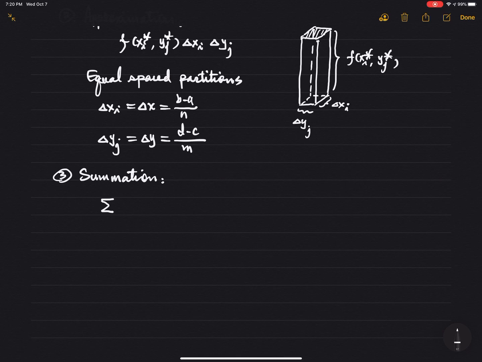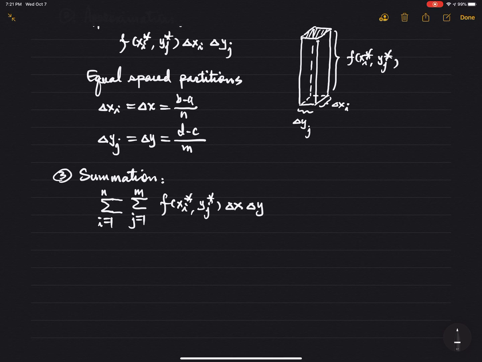I'm going to use two summations. i starts from 1 to n, and j starts from 1 to m. Usually we put this double summation, then f(xi star, yj star), and then here we have delta x, delta y.